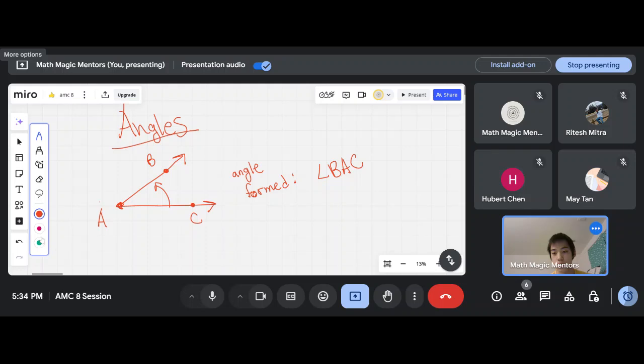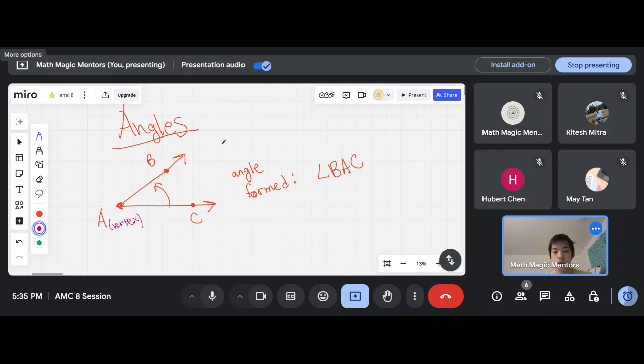The notation is that you start from a point on any line, so we could call it B, and go to the vertex. A is the vertex here, which is where the angle starts, where the two lines meet, and then go to the other point on the other line, which is C. So we call this angle BAC.